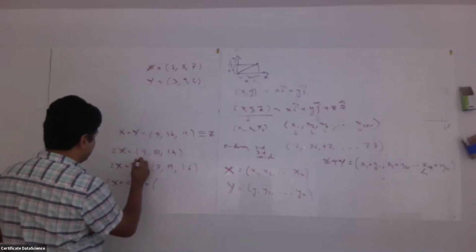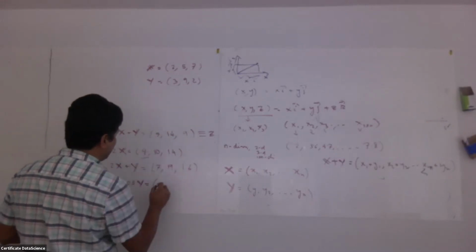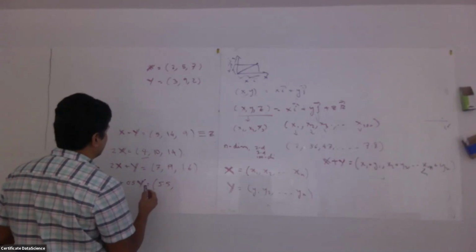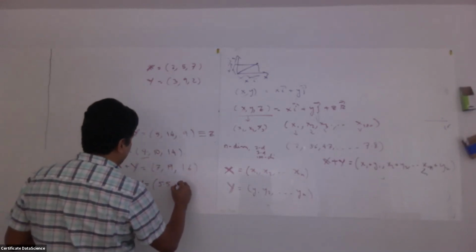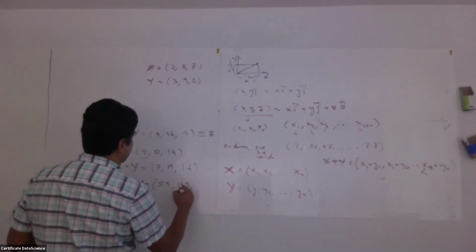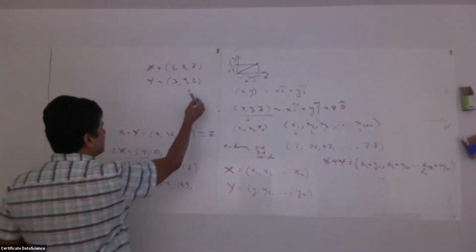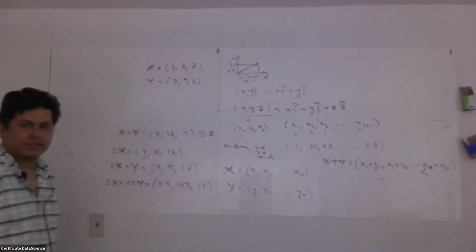I should have picked up from here. 4 plus half, 1.5. That is 5.5. 10 plus half of 9, 14.5. X is 14 plus half of 2, 15. So you can do this.